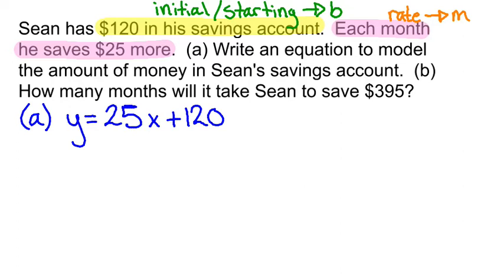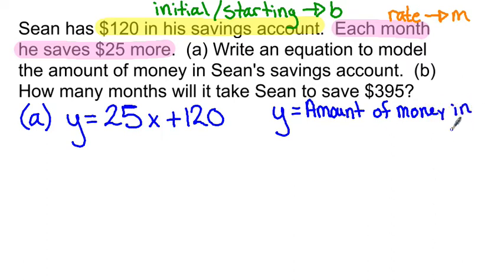When we are writing an equation, it is good to make sure that we clearly define our variables. I'm going to tell you over here that y is the amount of money in the savings account. And x is the number of months.